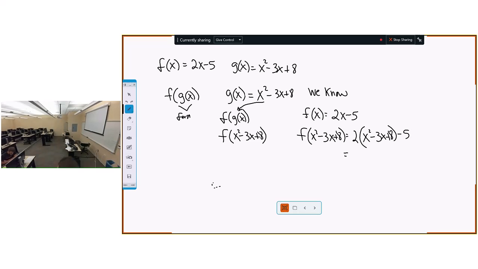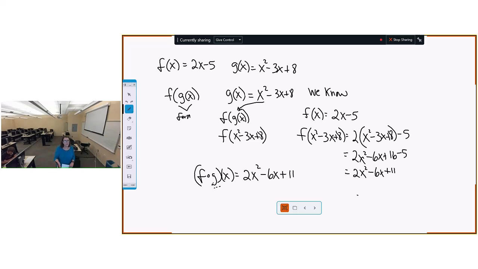We're going to use the distributive law to get rid of the parentheses. So that's 2x squared minus 6x plus 16. Bring down your minus 5, and that gives us 2x squared minus 6x plus 11. Okay? So what that says is f circle g of x equals 2x squared minus 6x plus 11.